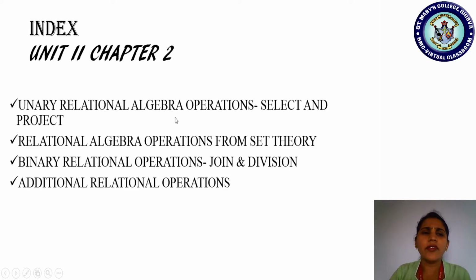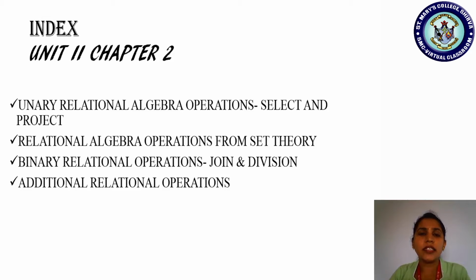Before we take up any of these concepts, let me give you the introduction about relational algebra. Relational algebra takes an instance of a relation as input and gives an instance of a relation as output. So what does instance of a relation mean?